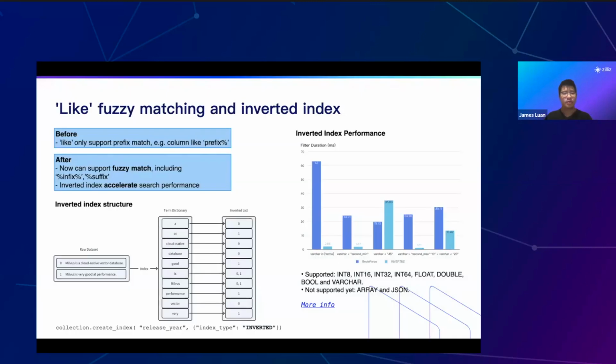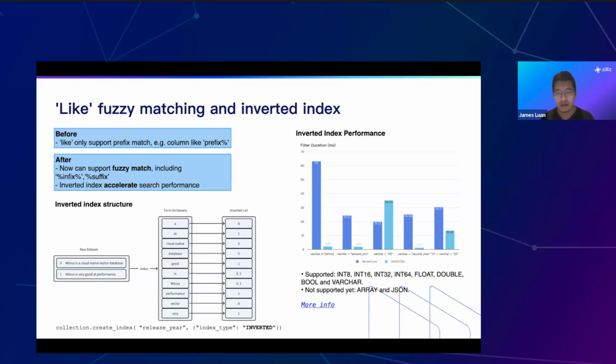Okay. Another interesting use case is fuzzy search, fuzzy matching, and the inverted index. Thanks to the Tantivy community, we now have a very high performance inverted index, very similar to Lucene, but written in Rust. So finally, Milvus is also a part of the Rust community. The inverted index offers very good filtering performance, as the graph shows on the right side.